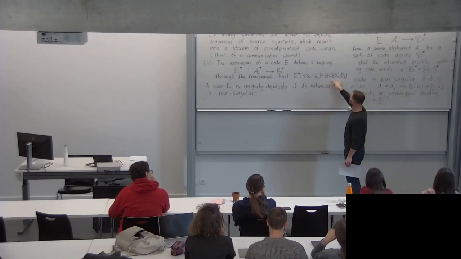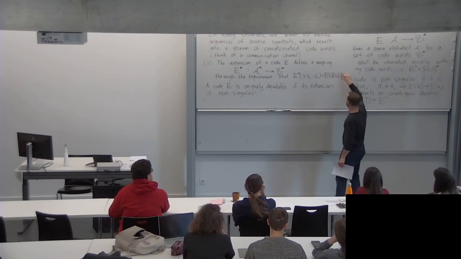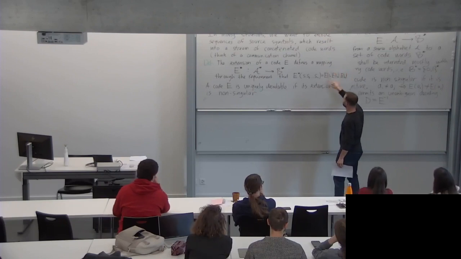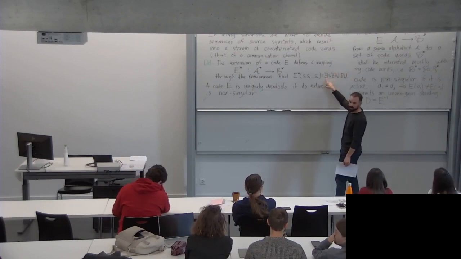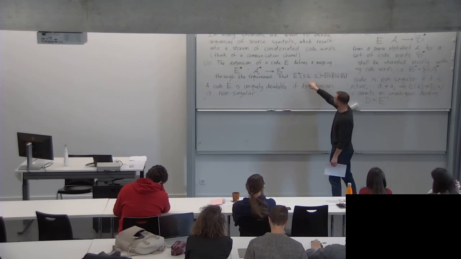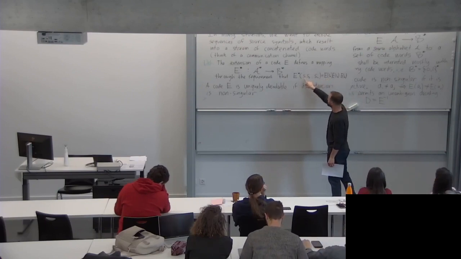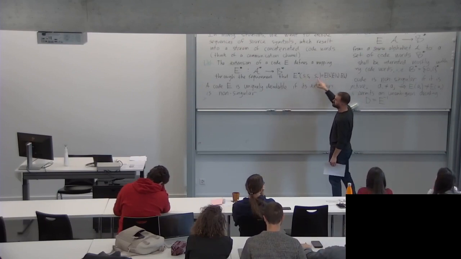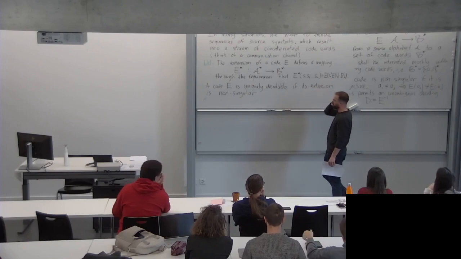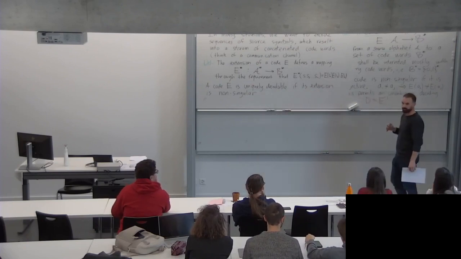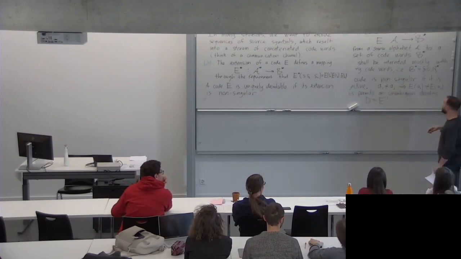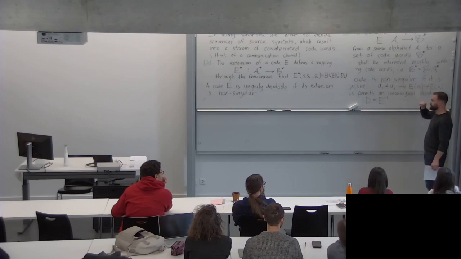If this is non-singular, he manages to find out how to break this into pieces and decode via the function D, which is the inverse of E, unambiguously S1, S2, and so on, Sn. Then the code is said to be uniquely decodable. It is a stronger requirement than just being non-singular.